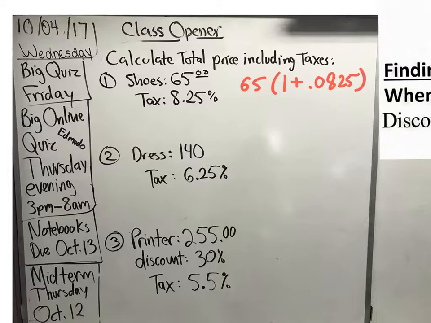Now, on the last video, I said, oh, the magic number for El Centro prices, the taxes, is 1.0825 because I added them together. Let's keep it separate. After all, the calculator will do it. Do 65, open parentheses on a calculator, 1 plus 0.0825, close parenthesis, hit equal, and that'll give you your price.